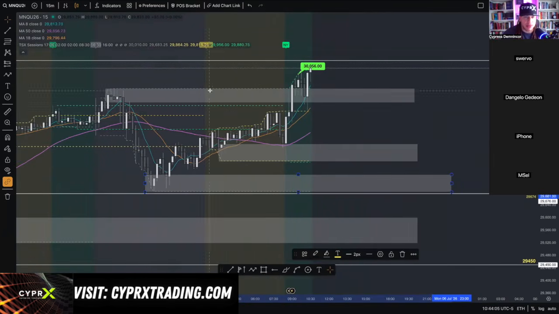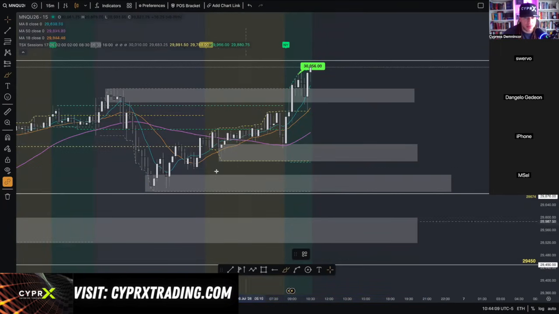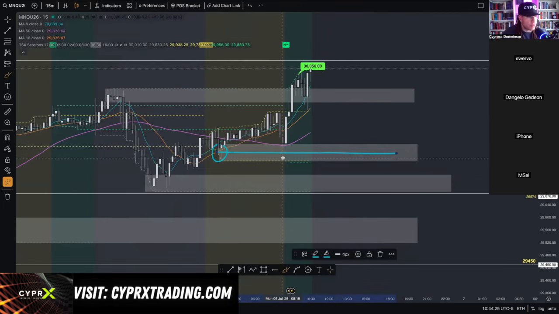Coming into London session now, you can see the same internal liquidity sweep that then leads to a new higher low, higher high formation. This was London session's low. So simply all I did on the 15-minute, same as I did for Asia session, I highlighted the last down move all the way to the wick and extended that over to the right-hand side.